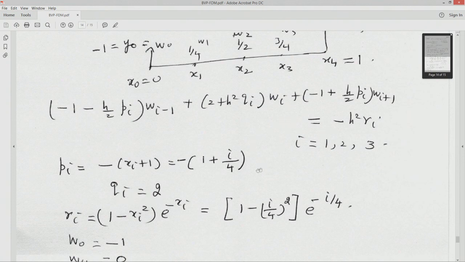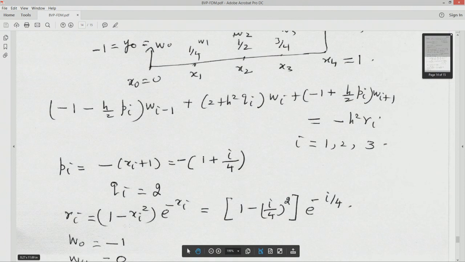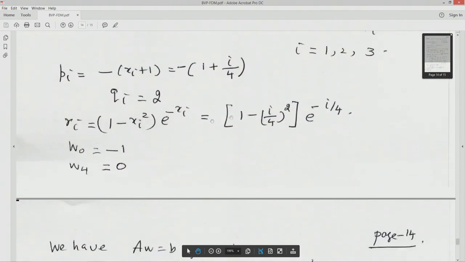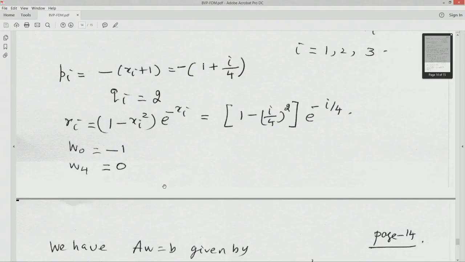What about r of x? It is 1 minus x square into e power minus x. So, r i is 1 minus x i square into e power minus x i, and we know x i is i by 4. So, we have substituted for x i as i by 4, and we have r i to be given by this. What other information do we have? We have w naught to be minus 1 and w4 to be 0.